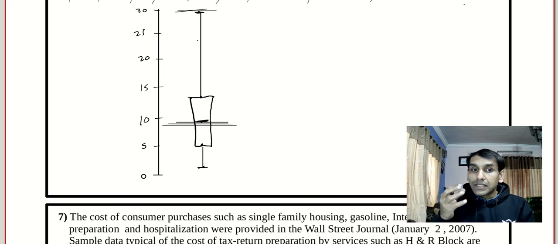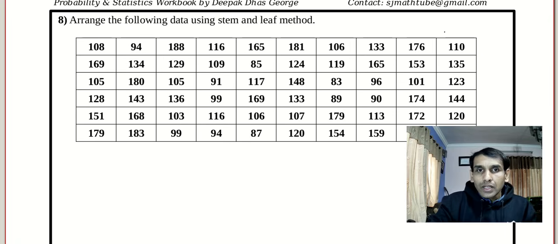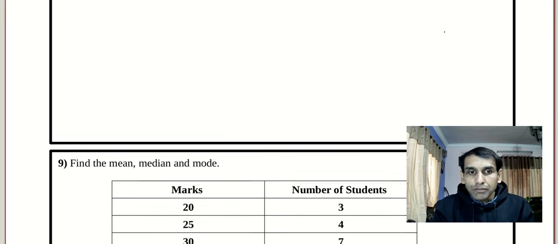And some people even got a bus within 1 minute. So write some valid points and they will give you marks. They might ask you to calculate P90 or P85, same logic. There is also something called the stem and leaf method.